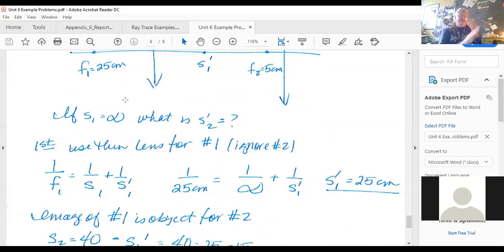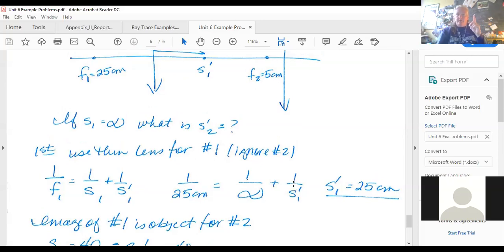Remember, the definition of the focal point is where light from an infinitely far object would focus. So 1/25, the focal length of the first lens, equals 1/infinity plus 1/s prime. Well, 1/infinity is 0, so s prime is 25. That's the definition of the focal point.